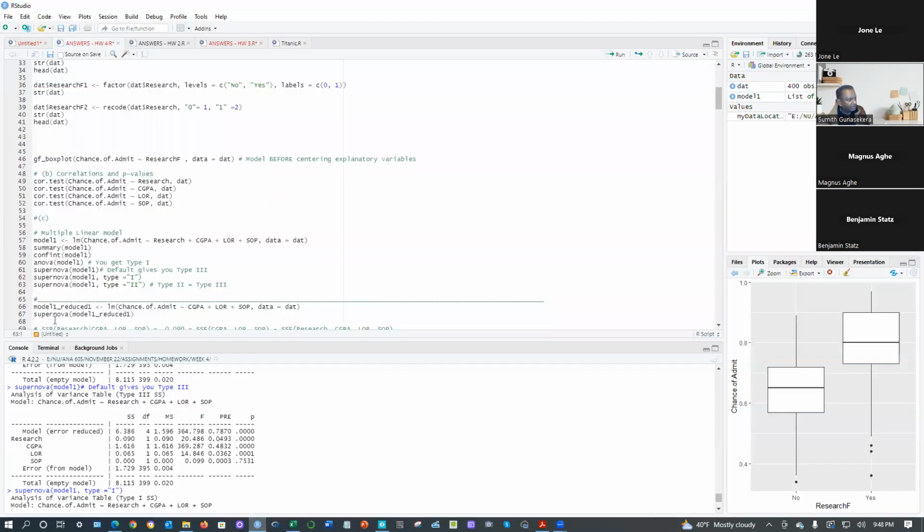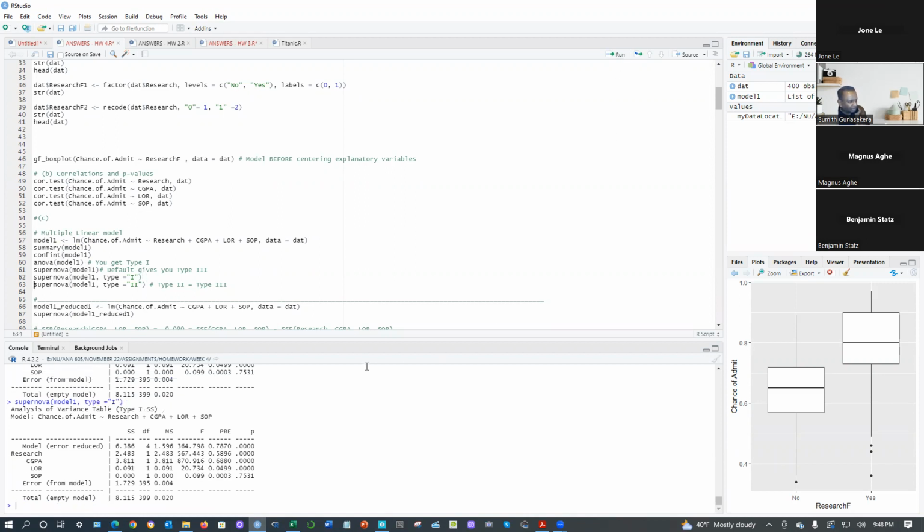You get type 1 from ANOVA. Either way is fine. Let's go ahead and get the supernova type 1. I'm going to run type 1.